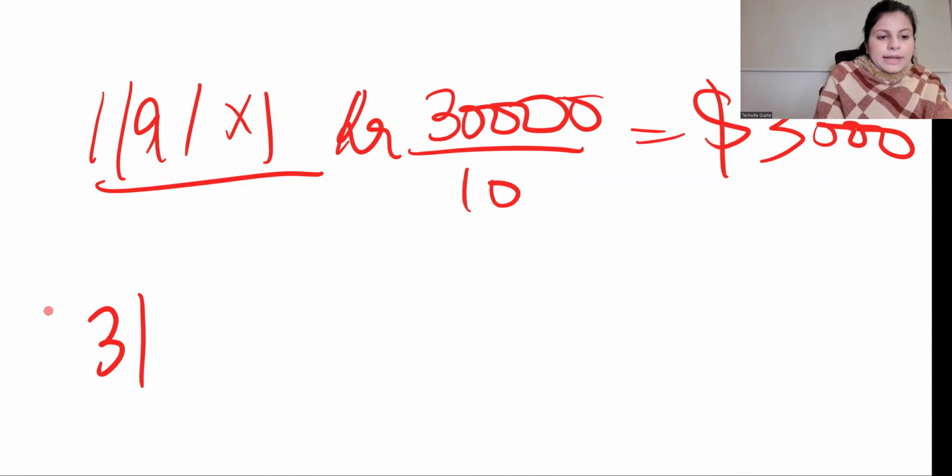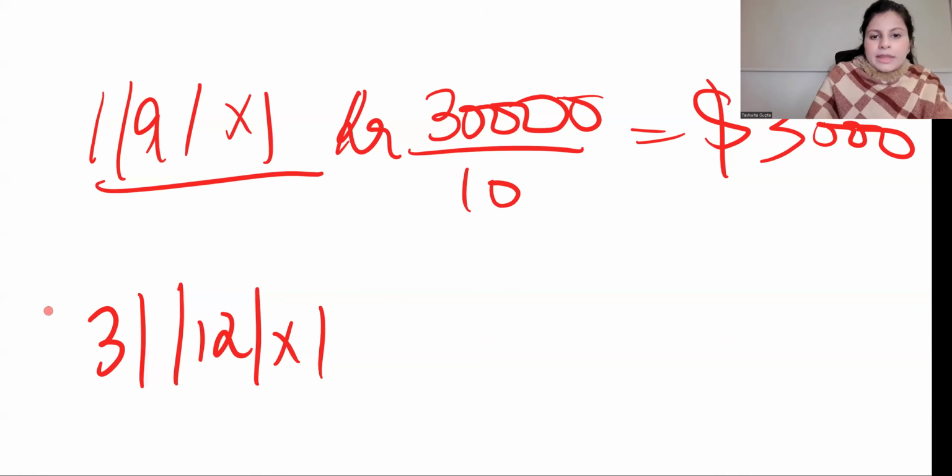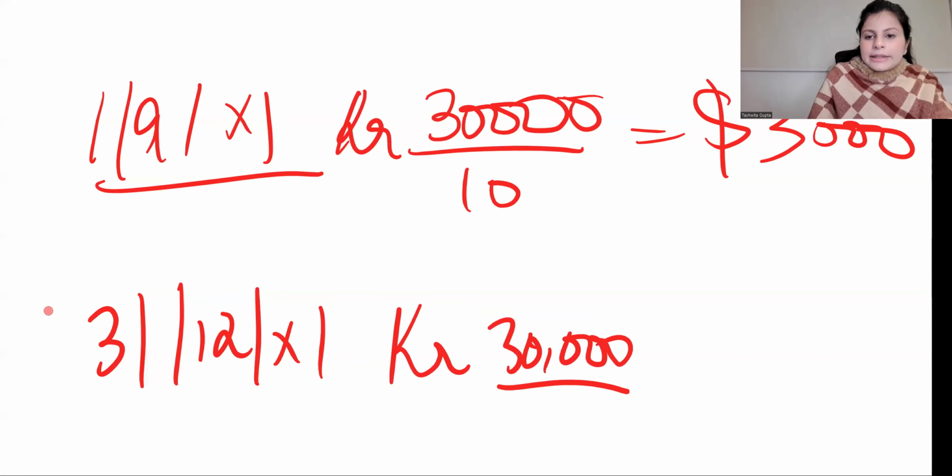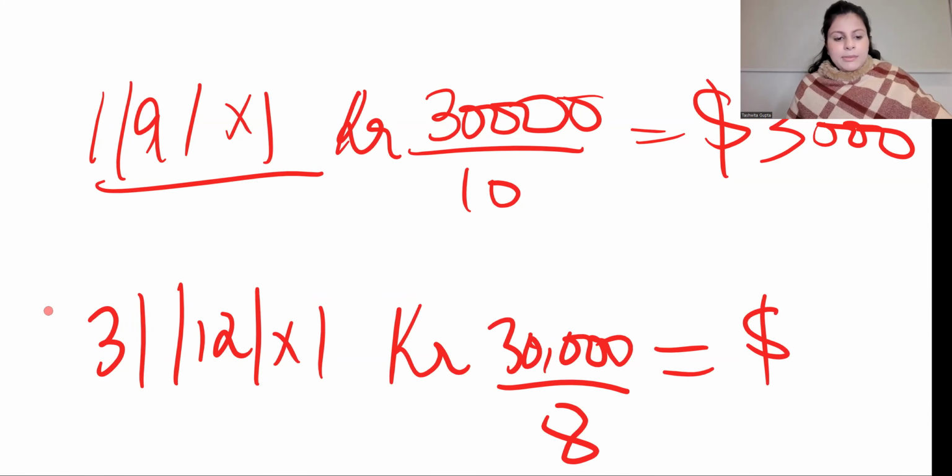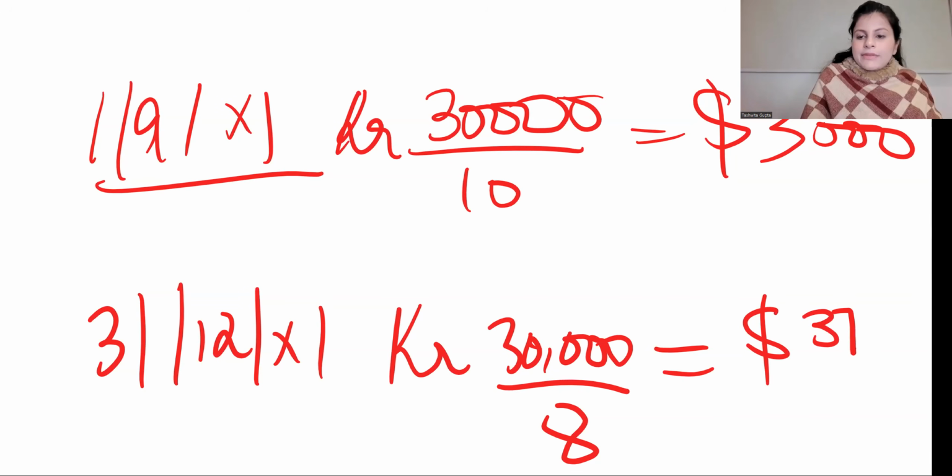But at the reporting date, now I will use the closing rate. So it will be 30,000 divided by 8. Can you tell me how much is that? My closing receivable is 3750. Right. So this is 3750.